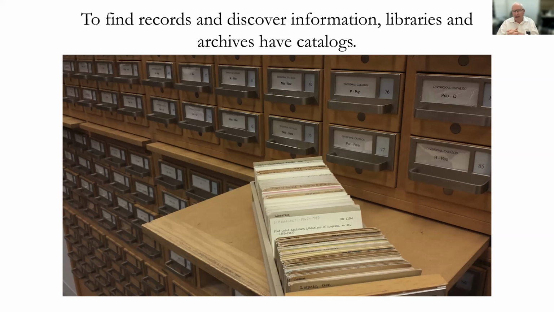The problem with catalogs is that some records belong in more than one spot. You might have a record on the history of Arizona that contains information about genealogy in Arizona, and also about mining, and all sorts of other things. So catalogs do a lot of cross-referencing.